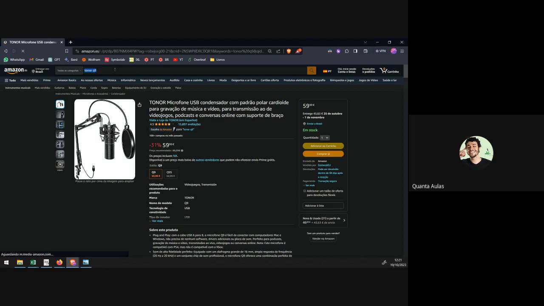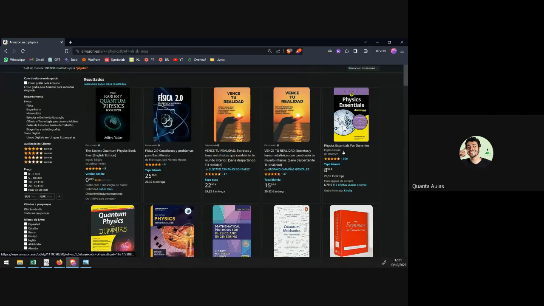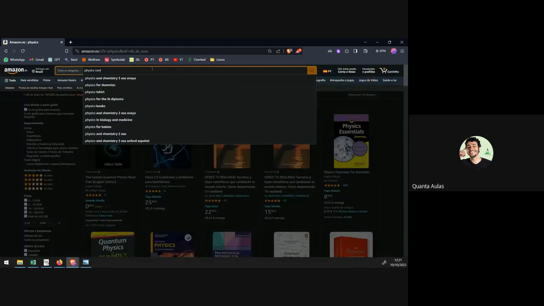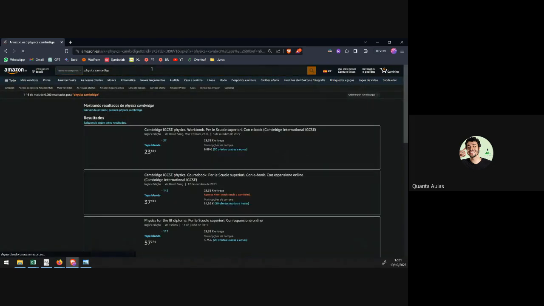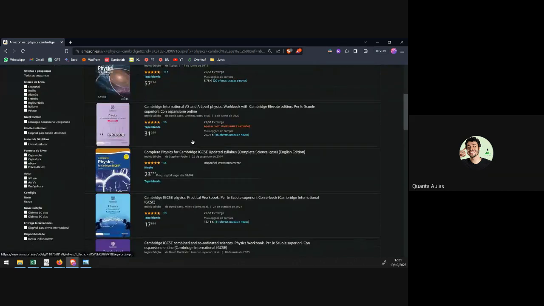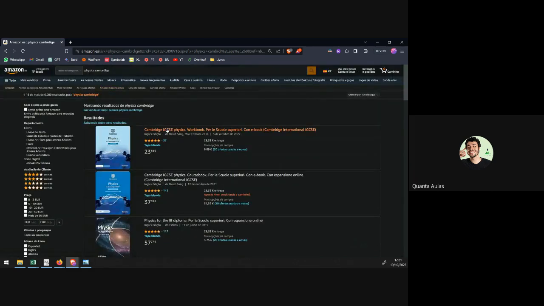Let me see. Physics. For example, this book's interesting. Physics high school, Physics Cambridge. It's very cheap. Any one of these is interesting to you, but I don't know this first one. Let me see.